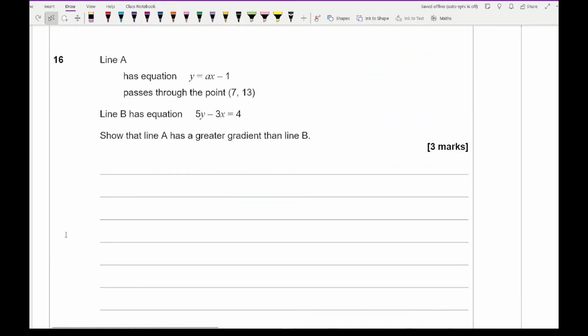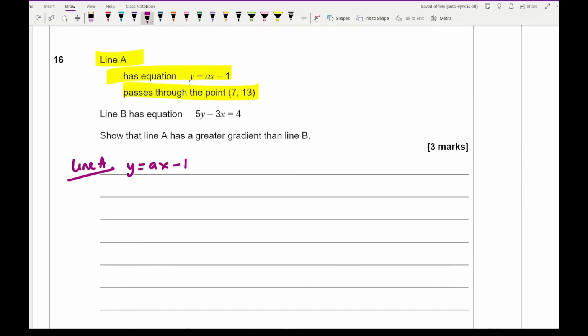Moving on to question 16, it says line A has an equation of y equals ax minus 1, passes through the point 7, 13. Line B has an equation of 5y minus 3x equals 4. Show that line A has a greater gradient than line B. So for this, what we need to do is use this bit of information here to work out what the equation for line A is going to be. So here I've got y equals ax minus 1, and we've got the coordinate of 7, 13.